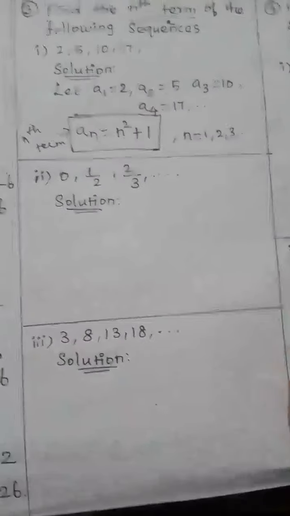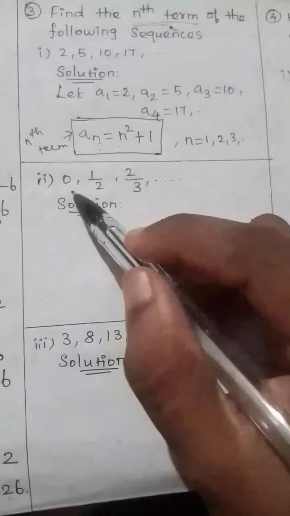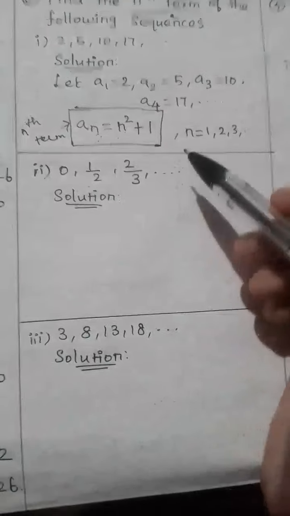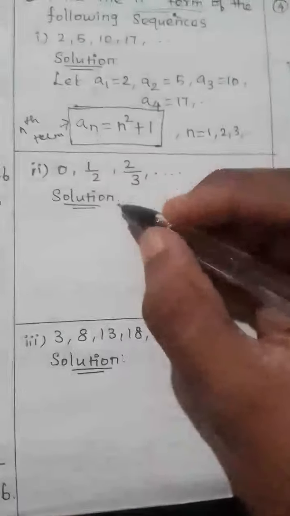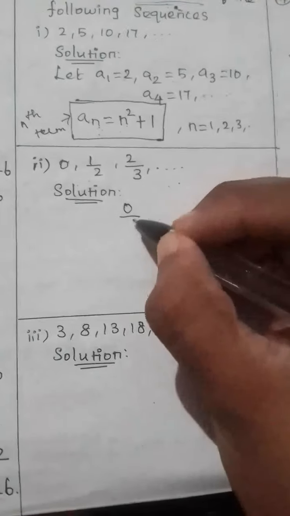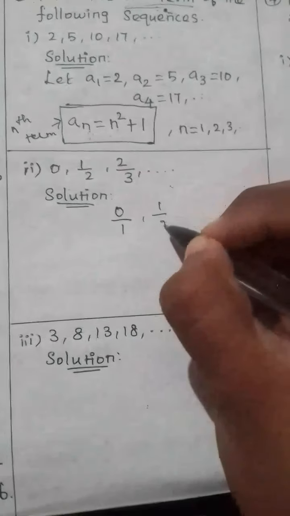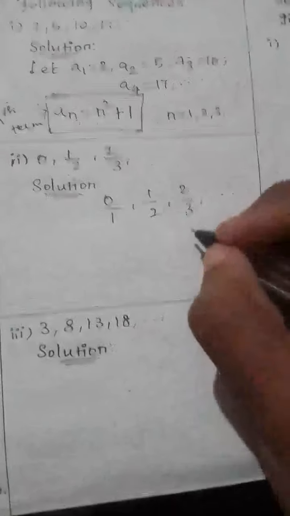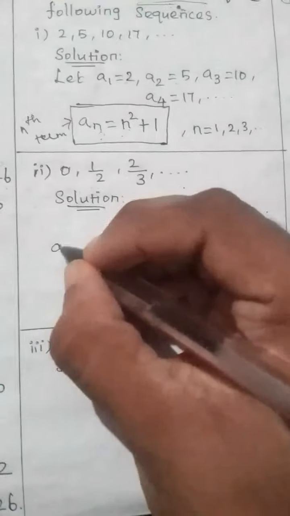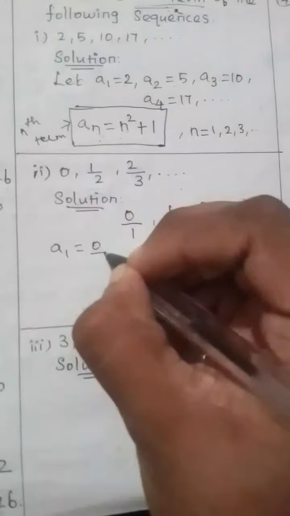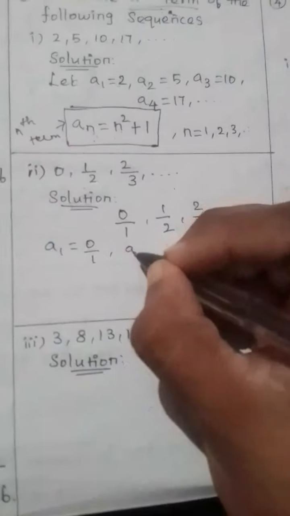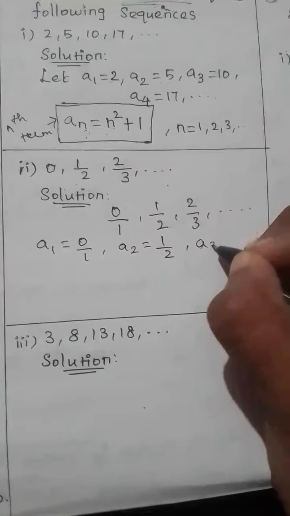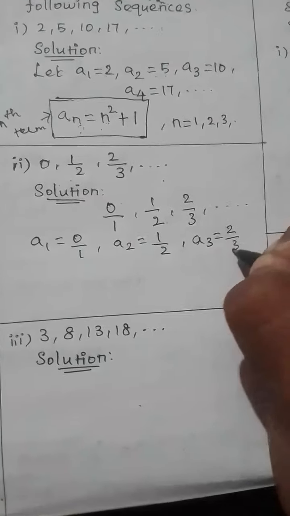Similarly, the second subdivision: 0, 1 by 2, 2 by 3 and goes on. We can rewrite 0 as 0 by 1, then 1 by 2, 2 by 3 and goes on. Here a1 equal to 0 by 1, a2 equal to 1 by 2, a3 equal to 2 by 3 and goes on.